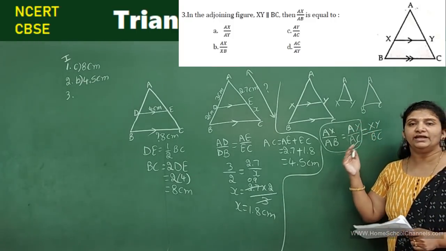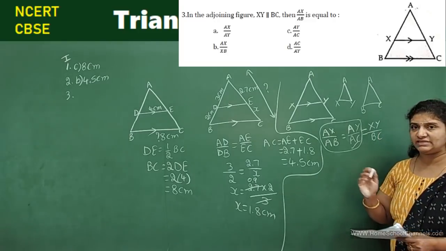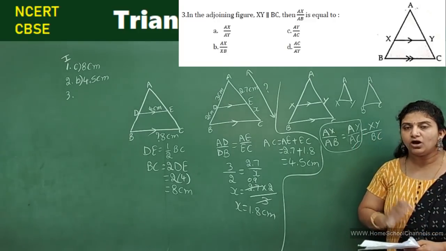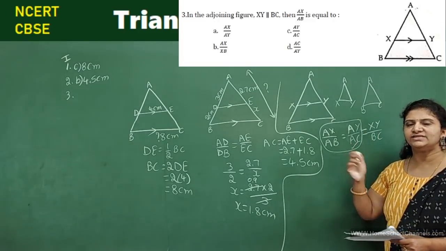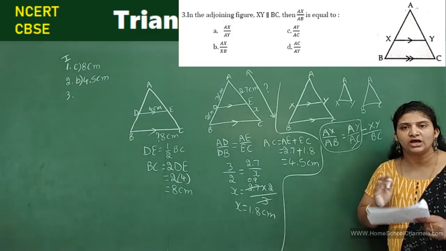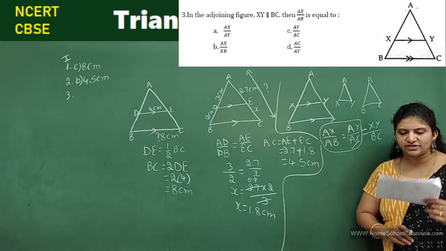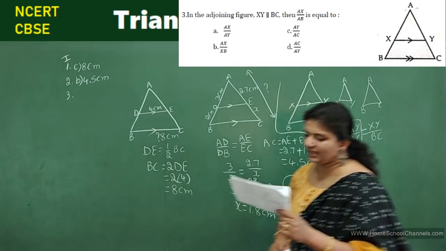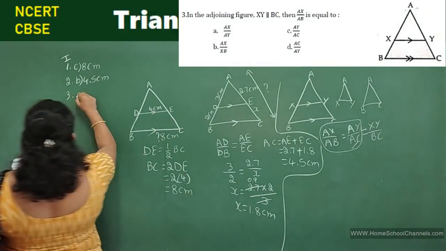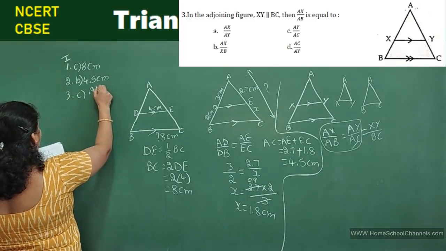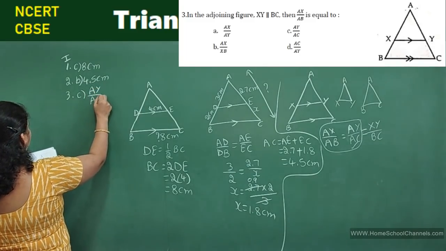You may get in the options XY by BC or AY by AC, or all 3 ratios at a time. So observe your options carefully and answer these types of questions. Which option is the right answer? Option C, AY by AC.